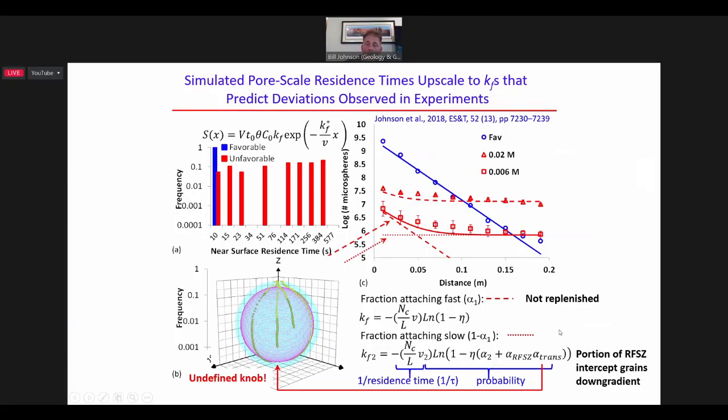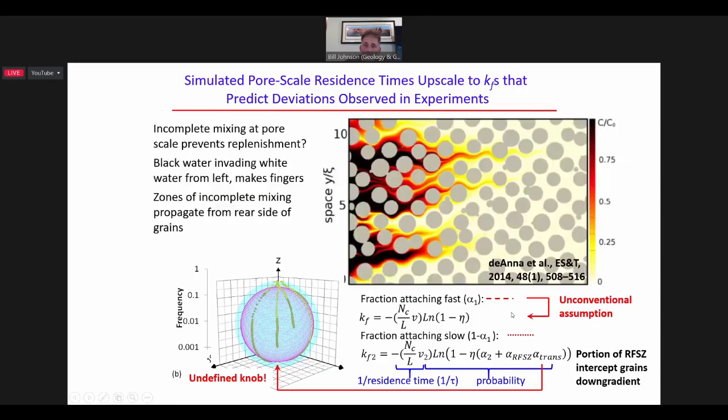Okay. The other assumption we have to make is that those fast attaching colloids are not replenished, and that's an unconventional assumption. But we make it on the basis that pore scale mixing is not complete. You don't have complete mixing in the pore scale, and in fact, you may not replenish certain fractions of colloids. And this is demonstrated in work by Deanna and others in two-dimensional porous media where a fluorescent tracer is invading from the left and moving to the right.